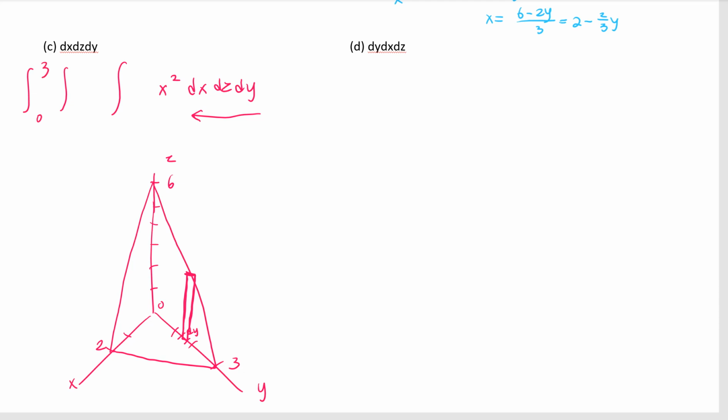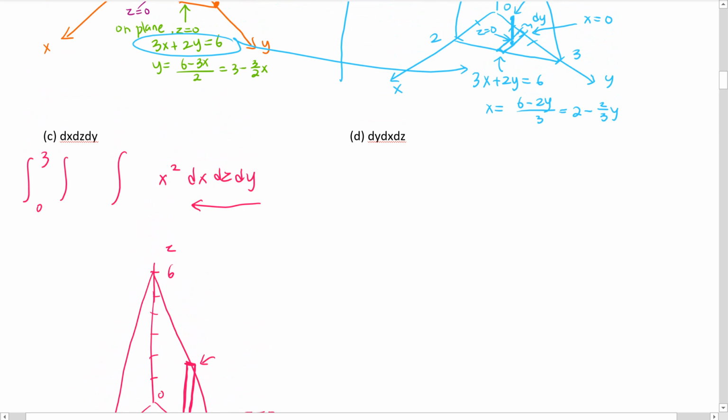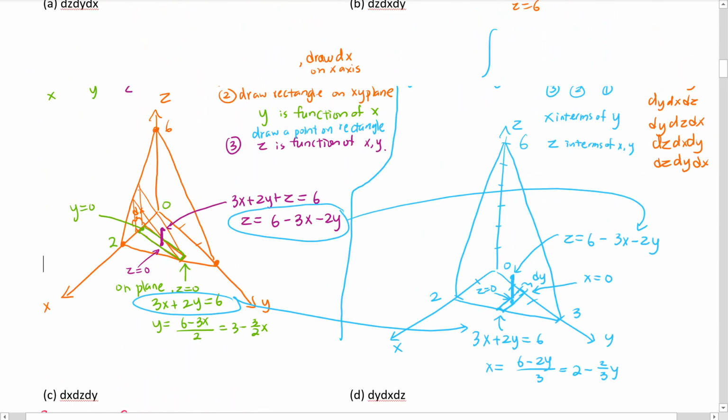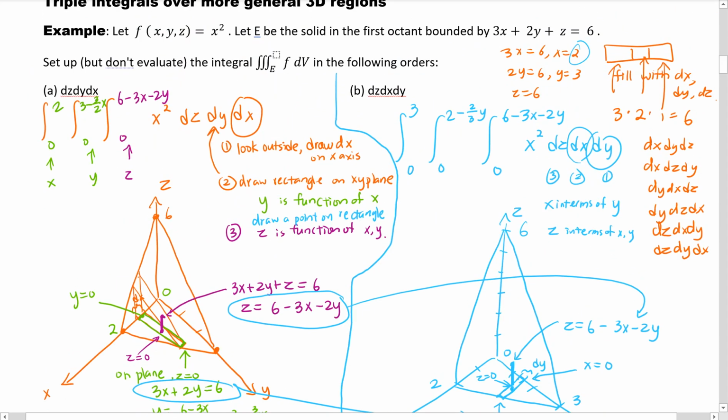And then let's look at this rectangle. The bottom is z equal to 0. The top, okay, so this is a line on the yz plane, which is where our plane intersects the yz plane. Yz plane means x is 0.